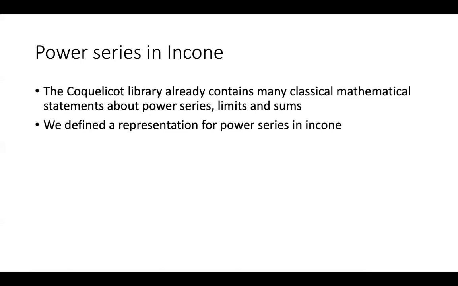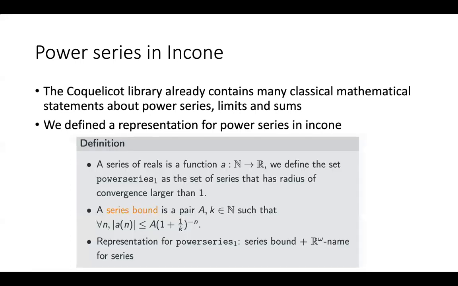And then we defined a representation for power series in Incone, which looks like this. So we define the set of power series with radius of convergence larger than 1. And then we can define such a bound, which is a bound similar to what we have seen in the algorithm in the talk. So just some integer constants a and k that bound the power series coefficients.